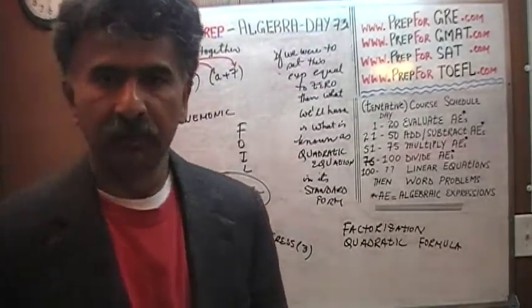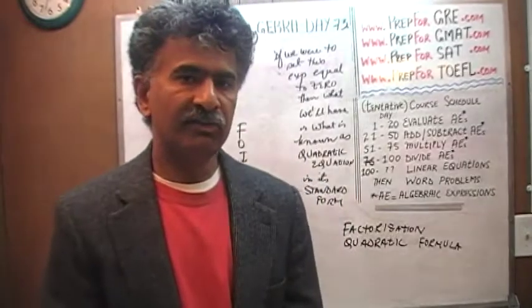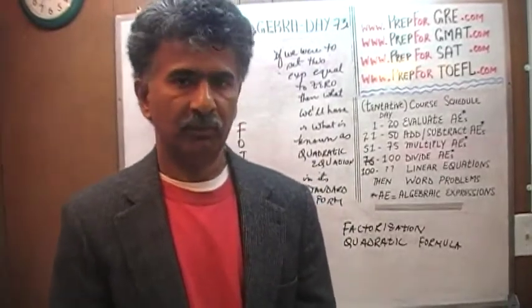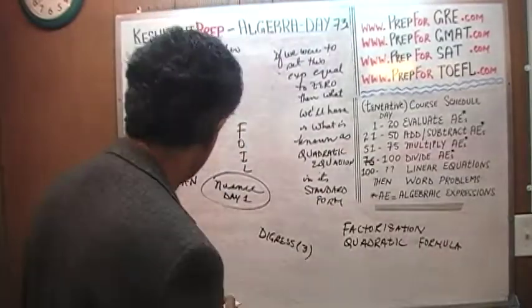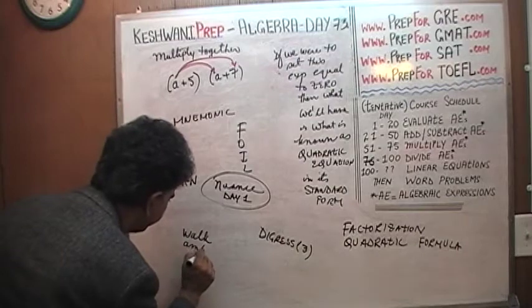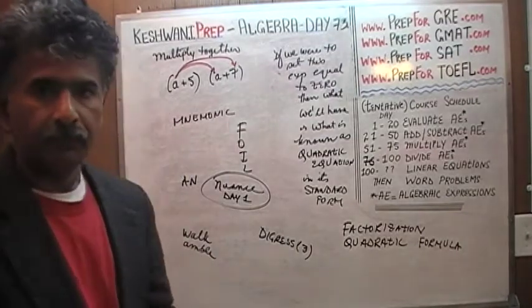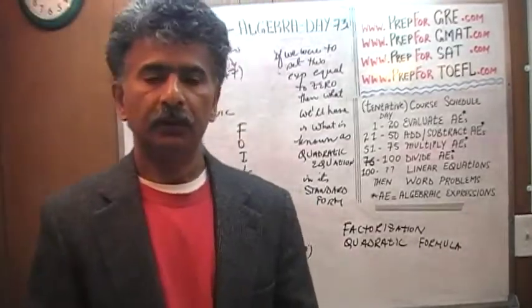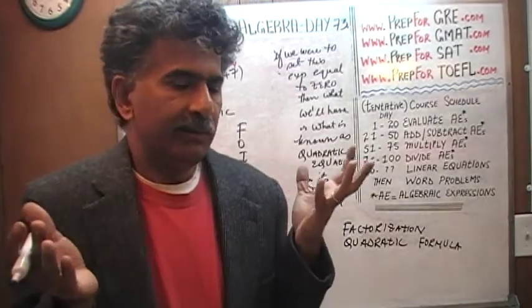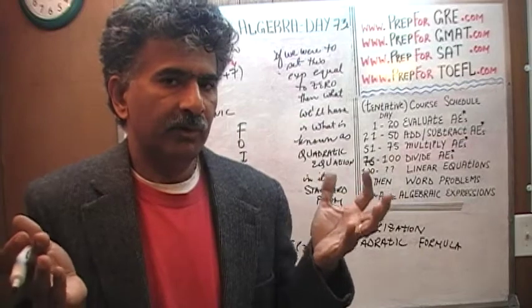What does nuance mean? Nuances are minute, subtle differences in the meanings of words. For example, if somebody asks you what's the difference between walk and amble, I believe that's how you spell amble. I'm not a good speller. Well, amble and walk mean the same thing, but not quite, because there is a matter of nuance.